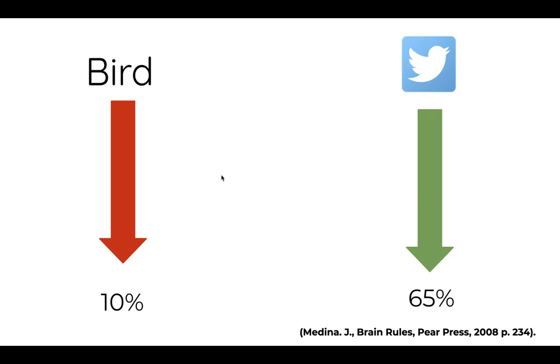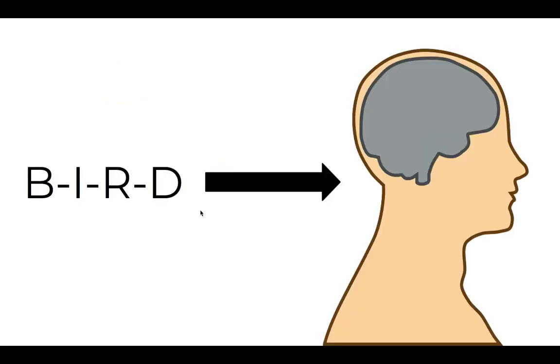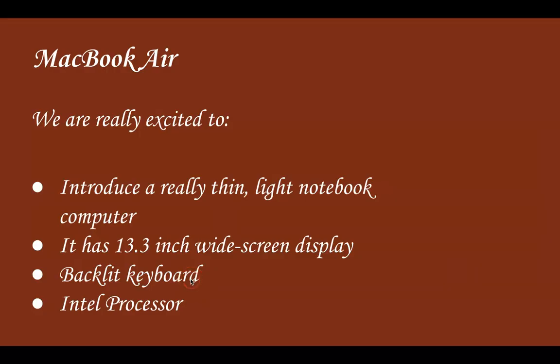So there's actually a lot of brain research to go with the idea that it's really powerful to include visuals when you're trying to get your message across. An example of that is, I always say, imagine Steve Jobs had introduced the MacBook Air, and this was his slide with bullet points and burgundy backgrounds.